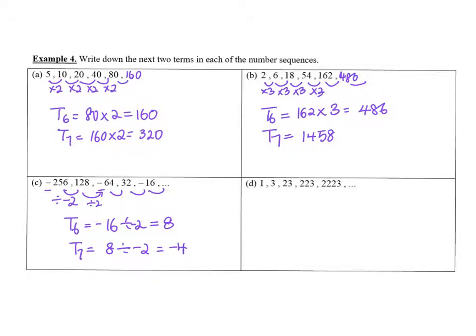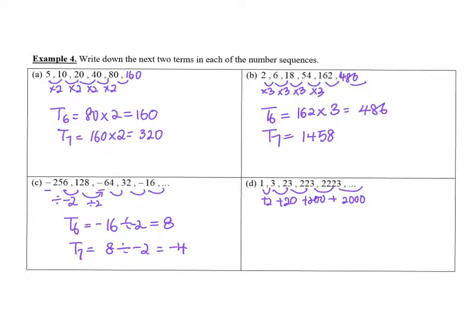Now the next one over here, 1 to 3, either we have it multiplied by 3 or plus 2. And from here, 3 to 23, the number keeps getting bigger, so we are adding a different number all the time. So this will be plus 20, plus 200. Oh, it looks like this is plus 2000.